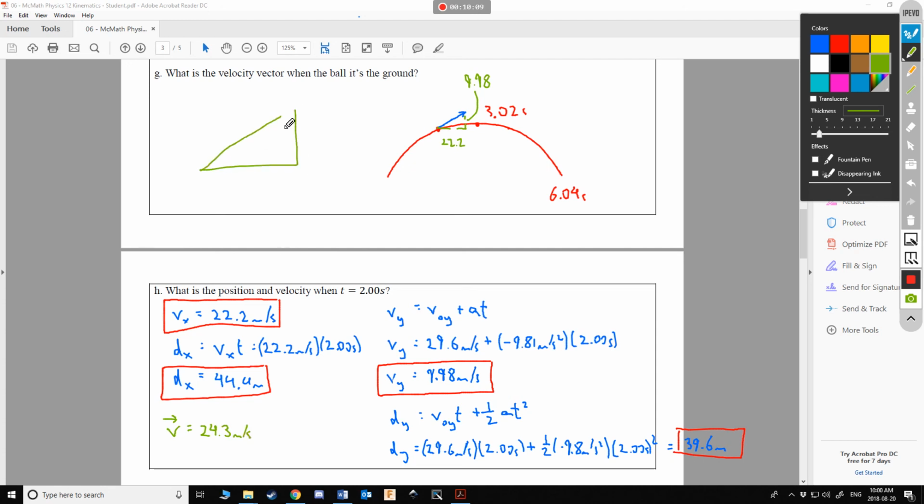And so here's my triangle, 22.2, 9.98. So we just solve for V. And we can see that our angle is going to be inverse tan of 9.98 divided by 22.2. We get 24.2 degrees above horizontal.